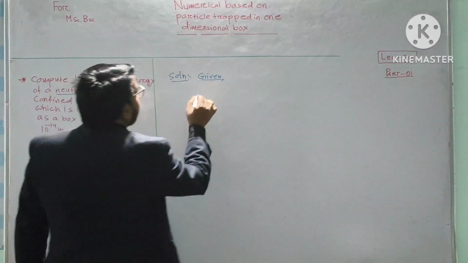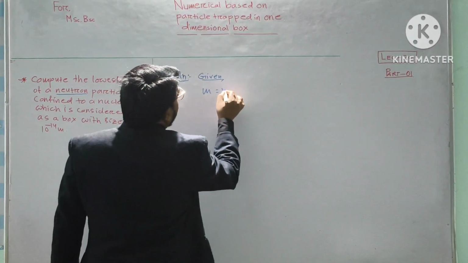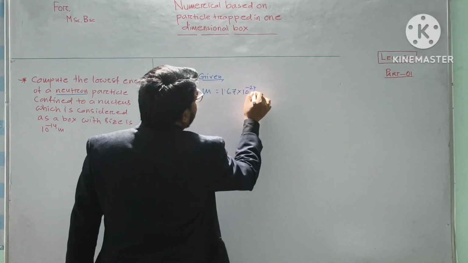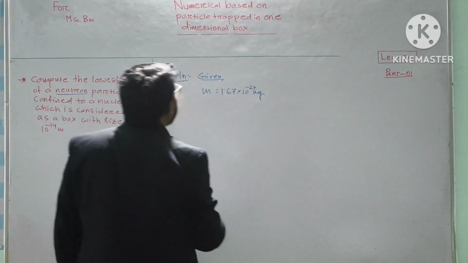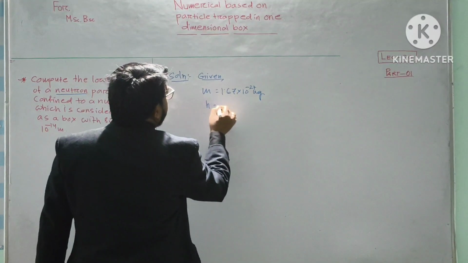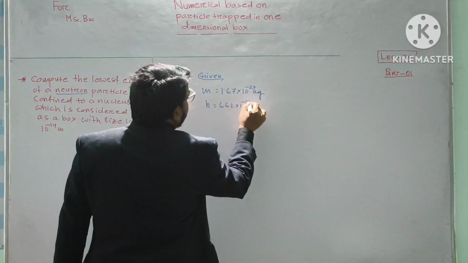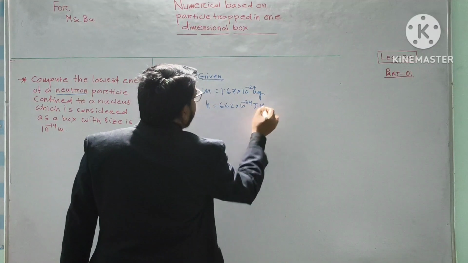So the mass of the neutron is m equal 1.67 into 10 to the power minus 27 kg. Also Planck constant h equals 6.62 into 10 to the power minus 34 joule second.